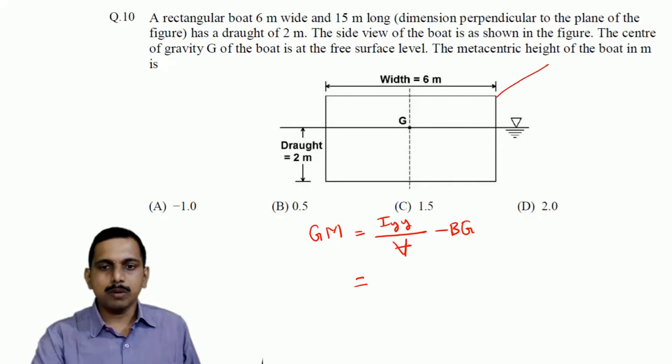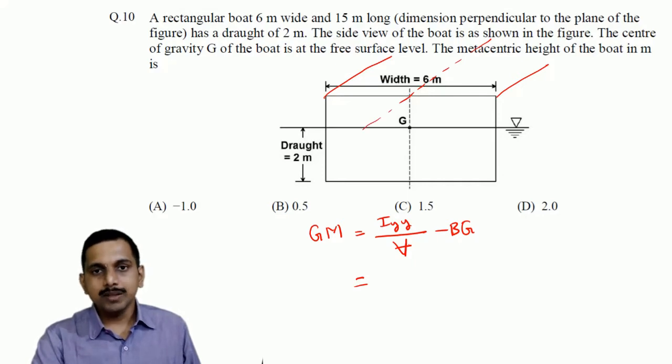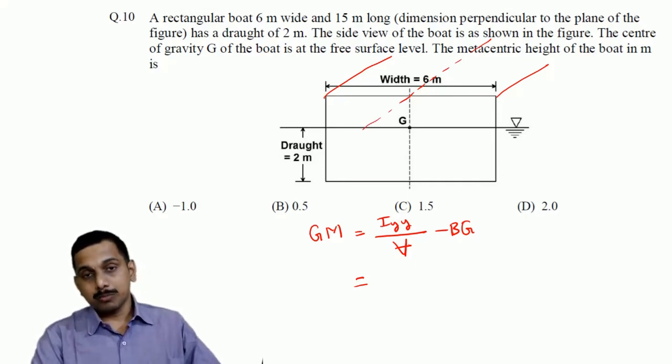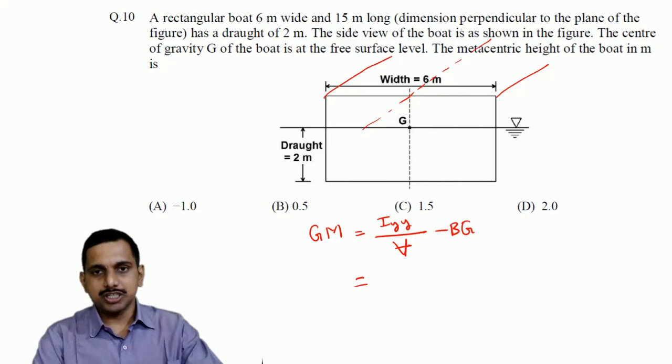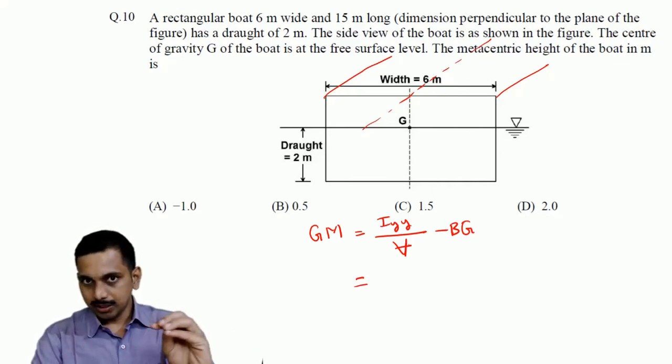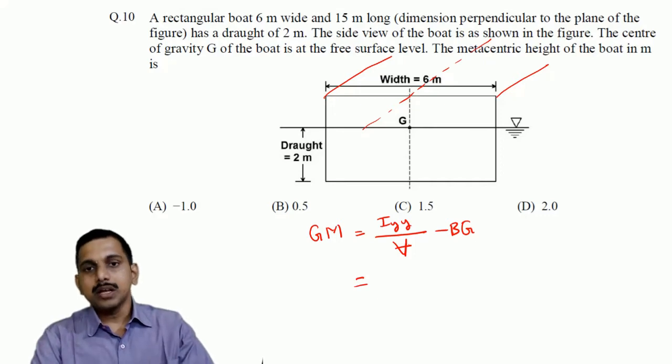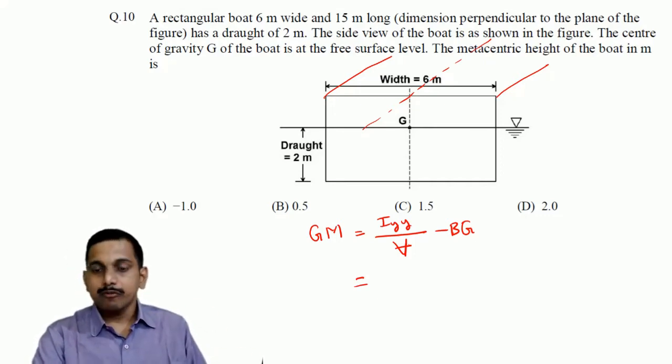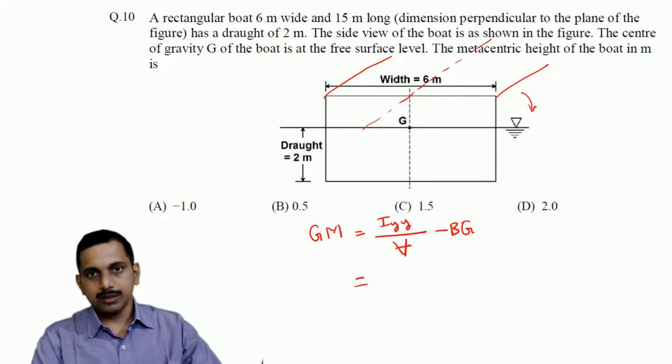So the moment of inertia you are taking along this axis, that has to be understood. What is moment of inertia? Moment of inertia is about the axis about which it rotates.